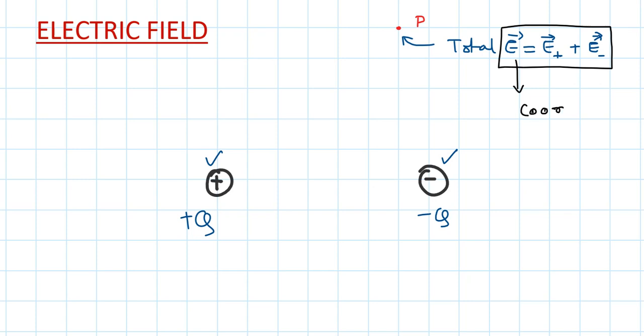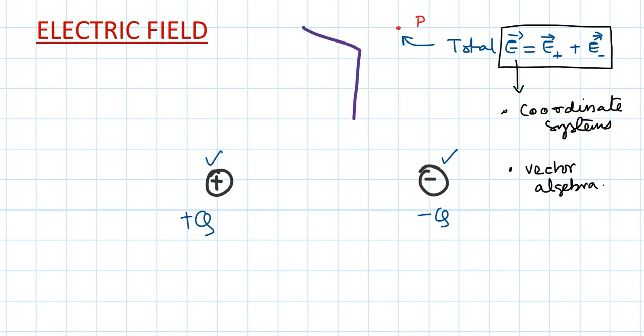But the fact is, to evaluate electric field at any arbitrary point, it will take in-depth knowledge of various coordinate systems, as well as one must be well versed with basic vector algebra. Thus, to avoid any complications, CBSE has instructed to find out the electric field in two regions of particular interest, where the evaluation of electric field is very easy as compared to at any other general point.